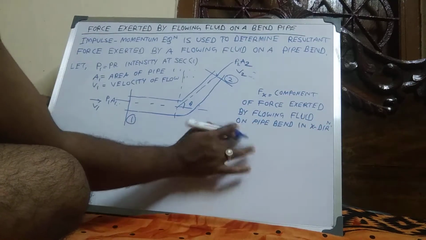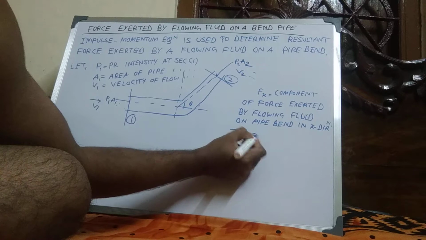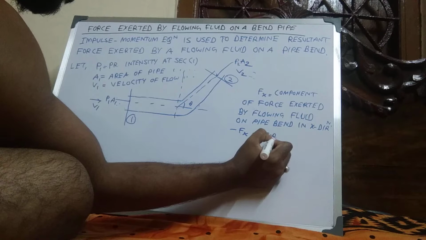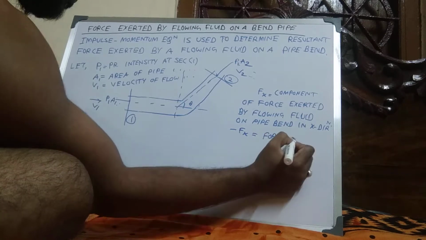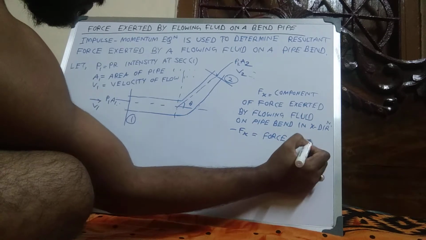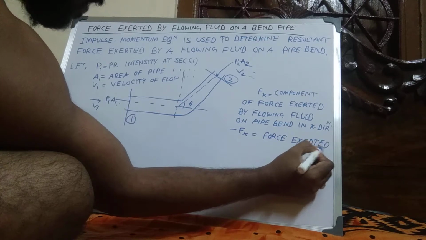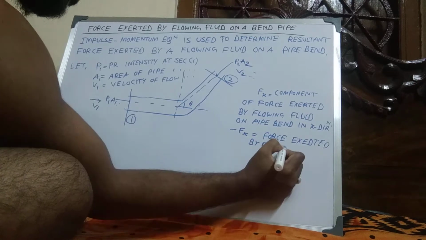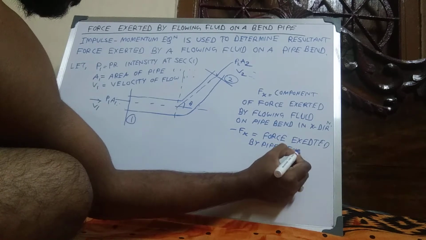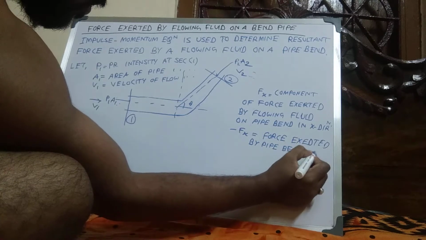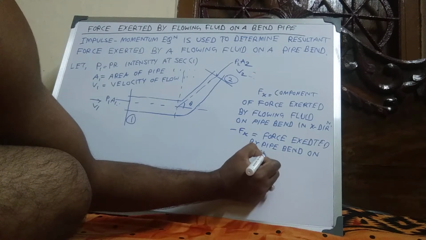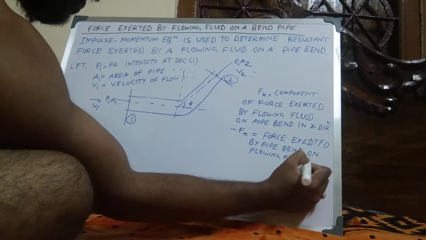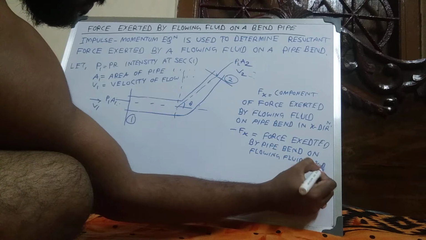and minus Fx equal to, this is the component of force exerted by pipe bend on flowing fluid in x direction.